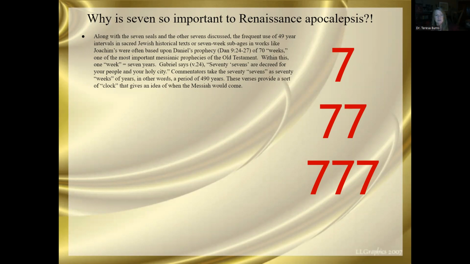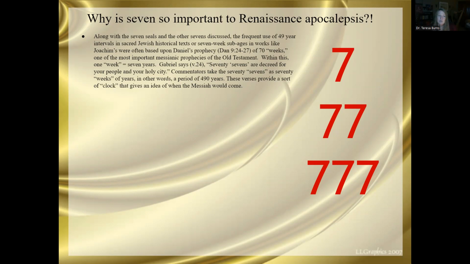These are often based on Daniel's prophecy in Daniel 9:24 through 27 of 70 weeks. It's one of the most important sections of messianic prophecy in the Old Testament. It's used by some Messianic Jews, and then it's used by Christians to talk about when they think Jesus is coming back.